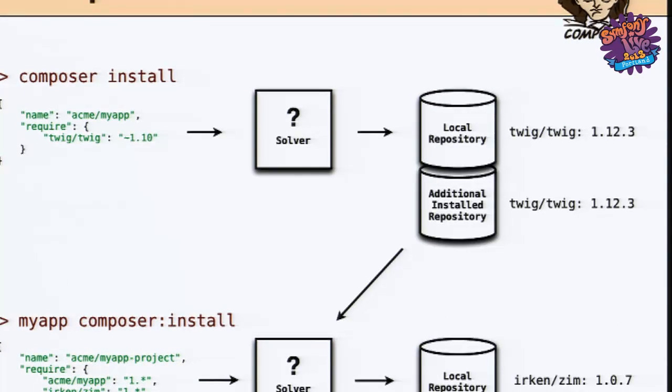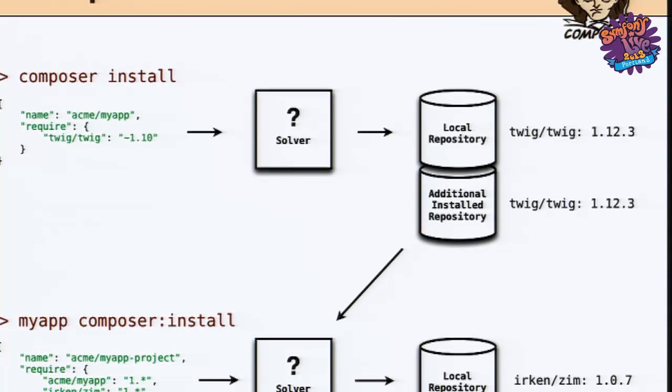This is pretty much embedded Composer, at least the way that it was in the beginning and sort of what started all of this. What we do is we use the local repository of the application and treat it as the additional installed repository and feed that to Composer. What this does is when you run MyApp Composer install, so this is actually Composer inside of MyApp, Composer install will look at the additional repository and say, hey, Twig's already there.